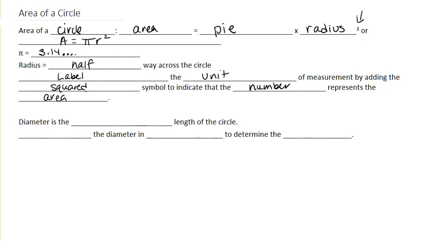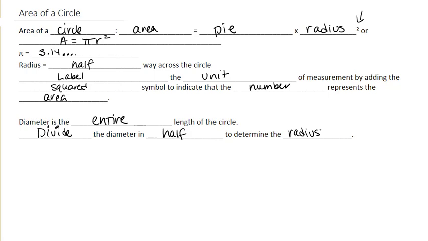So like unit squared or centimeter squared, whatever the unit is. And then finally, the diameter is the entire length of the circle. We will divide the diameter in half to determine the radius.